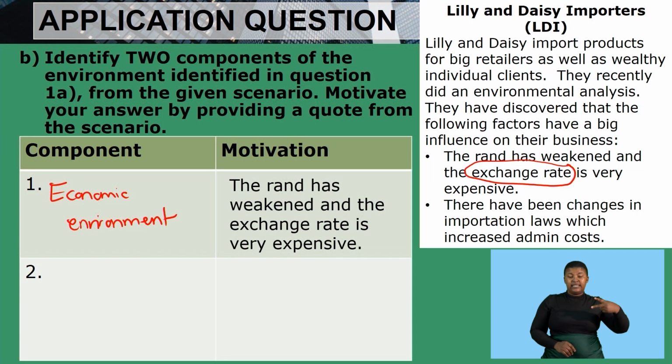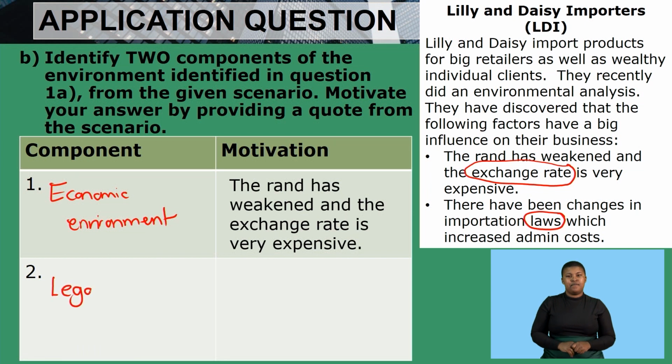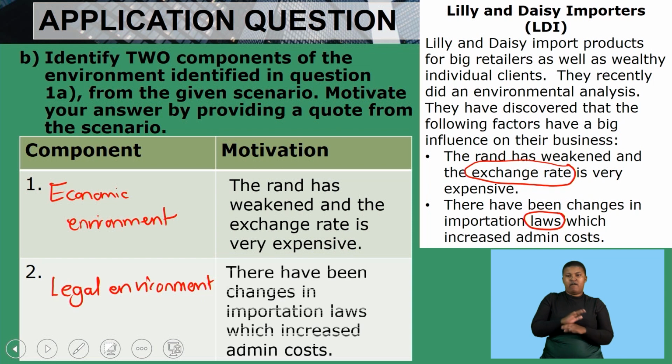Our second component is the following bullet, which refers to laws. And remember, laws is usually our legal environment. So our answer here will be legal environment. Let me just look at my spelling. I'm struggling a bit today. Legal environment. And then again, our quote will be our motivation.